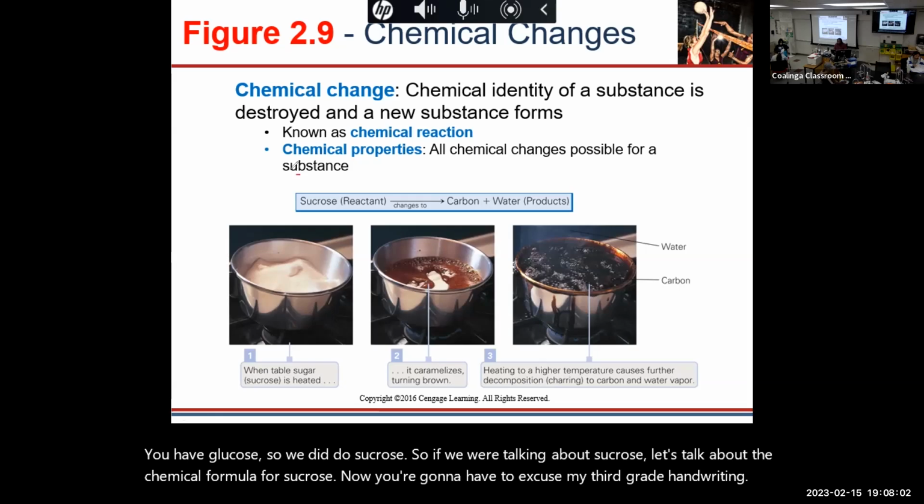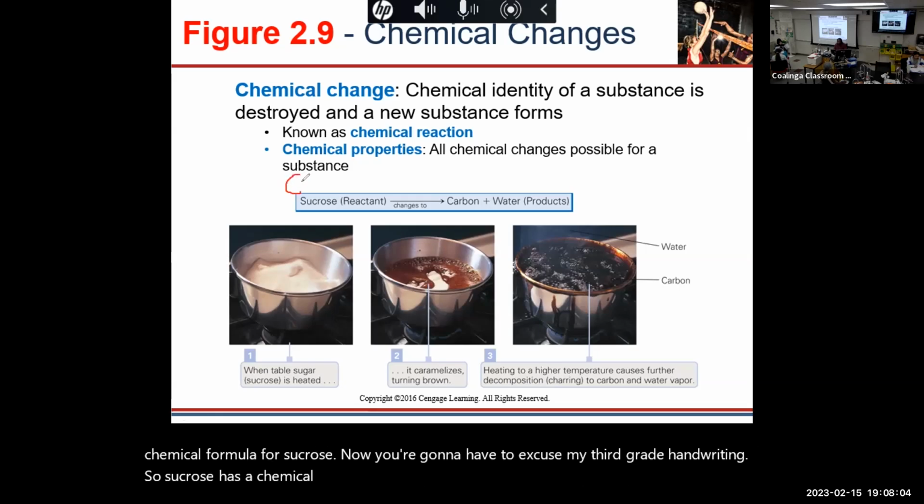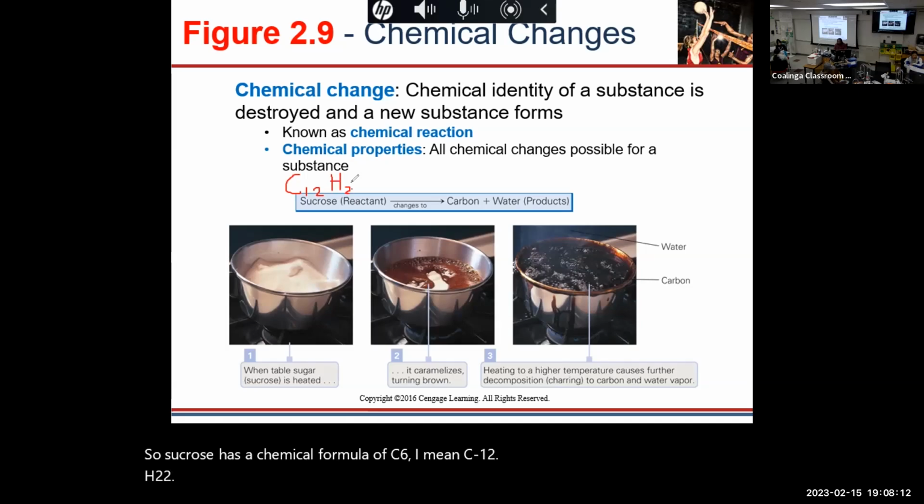So sucrose has a chemical formula of C12H22O11. I'm sorry, not O21, O11. I'm making stuff up.